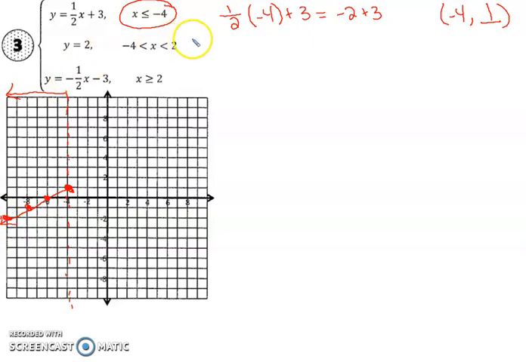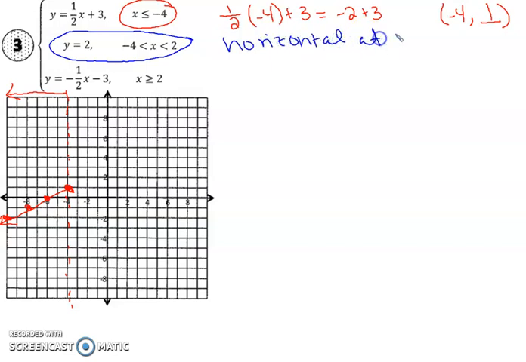I'm going to do this equation right here is going to be a hard one, and here's why. Y equals 2, what kind of line is that? Horizontal or vertical? Horizontal. So that's a horizontal line at 2, but it's only between this point right here, this negative 4, x is negative 4, and 2.